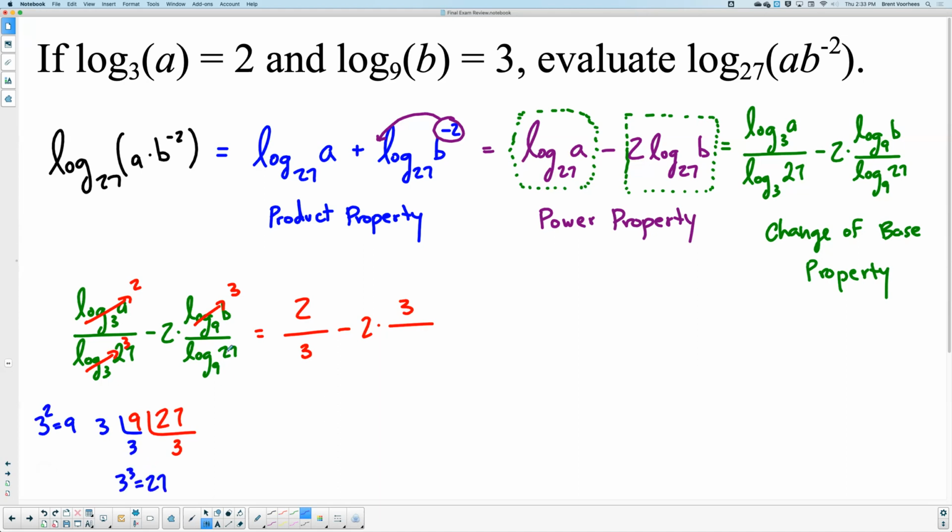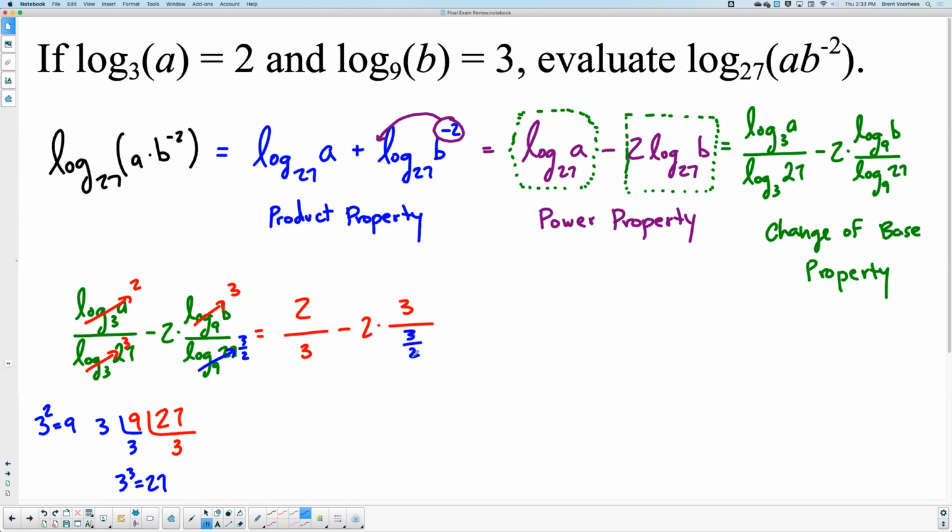If you did another change of base, which I'm not going to write out, it'd be log 3 of 27 over log 3 of 9. You would have 3 divided by 2. It's because 3 goes into 9 twice, 3 goes into 27 three times by power.